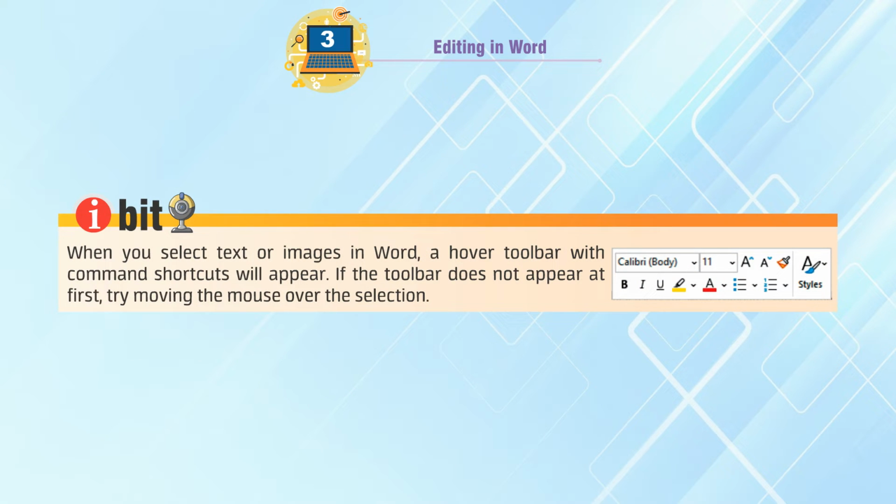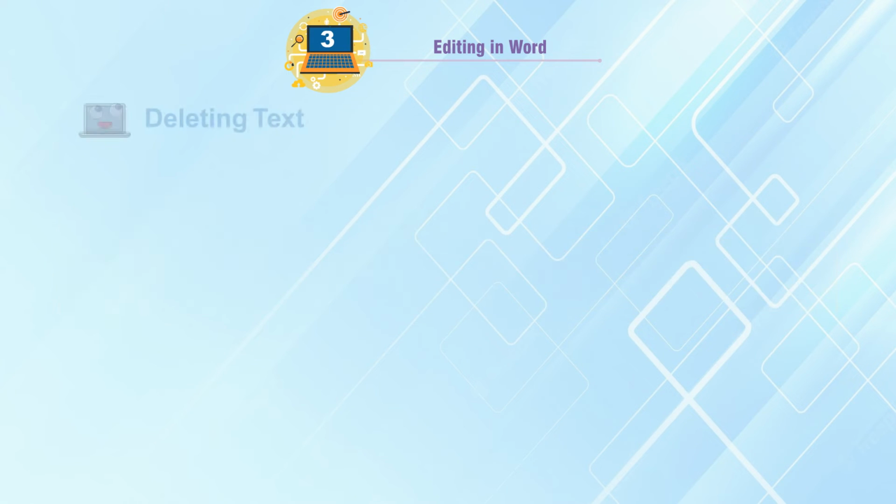When you select text or images in Word, a hover toolbar with command shortcuts will appear. If the toolbar does not appear at first, try moving the mouse over the selection.